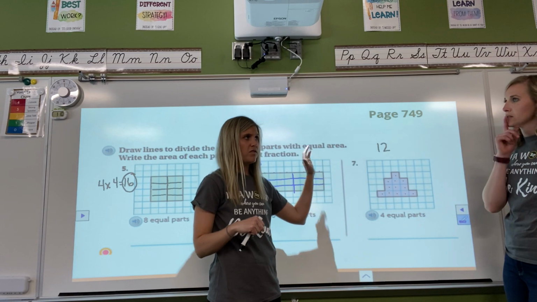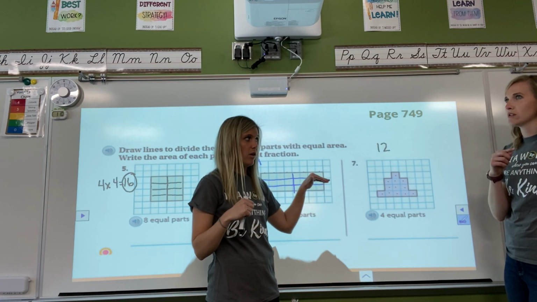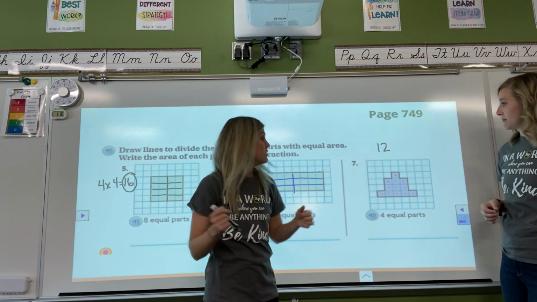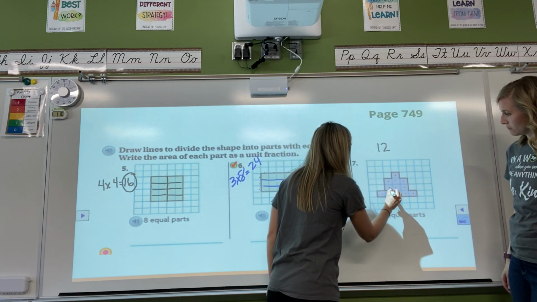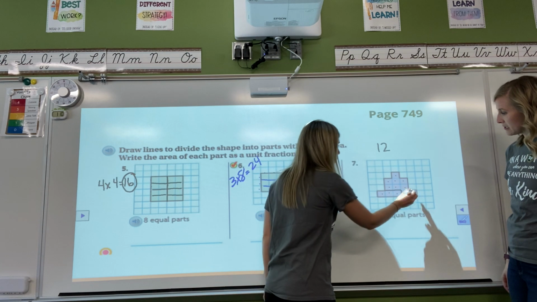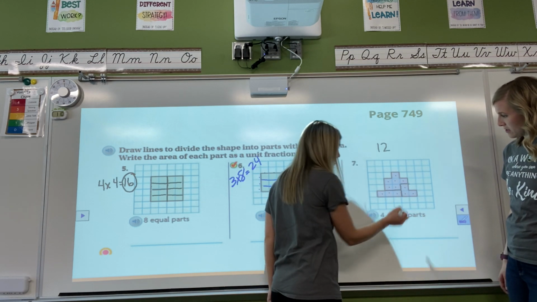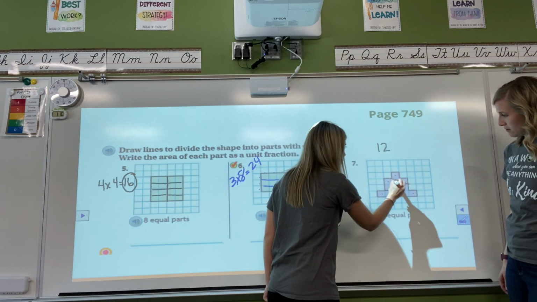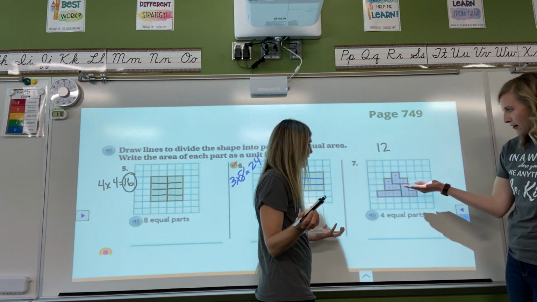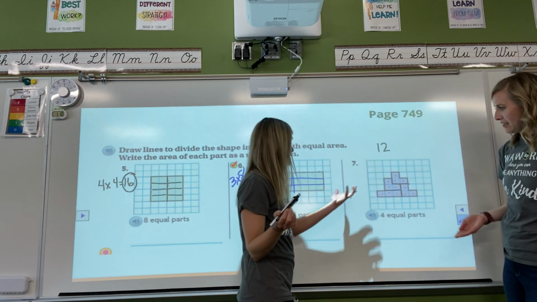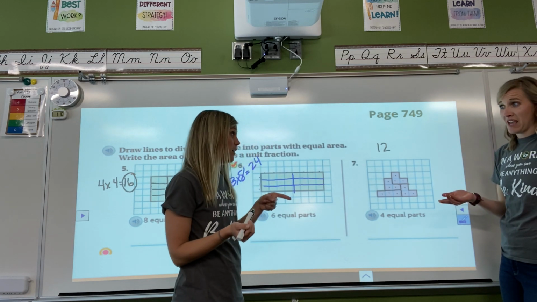So 12 divided by 4 equals 3. So I have to make each one 3. Let's go with these 3. Perfect. Let's do these 3. Hey, we did it. They look a little different than over there. They're not the same shape, but they are the same area.